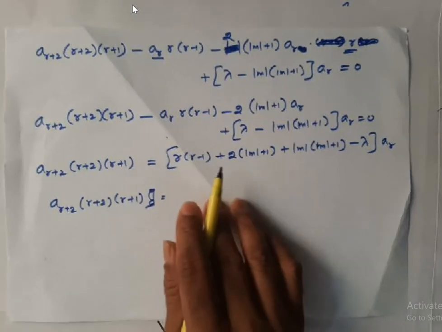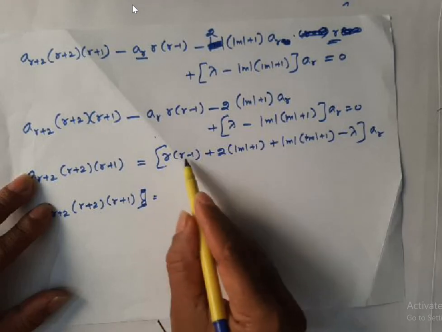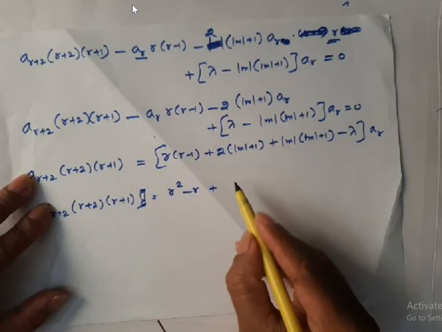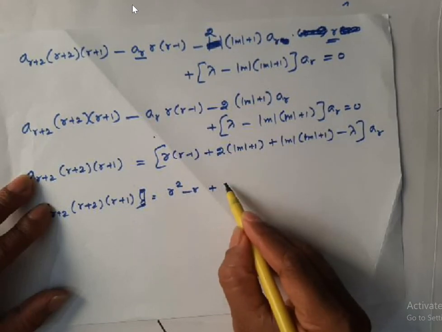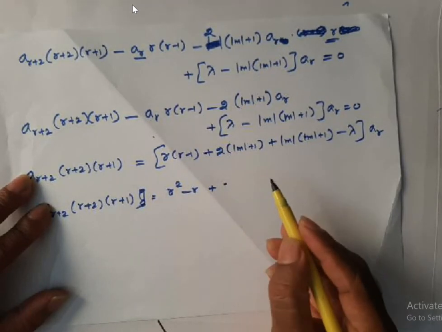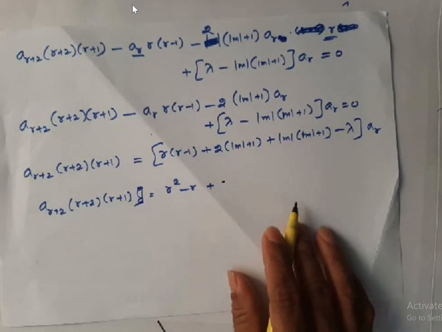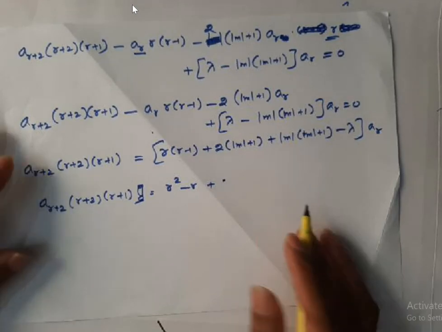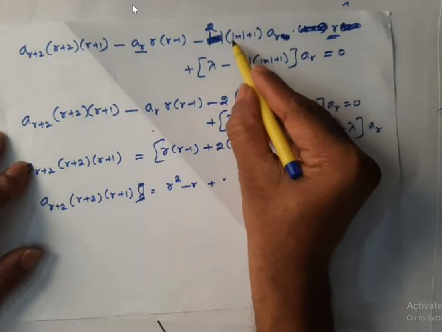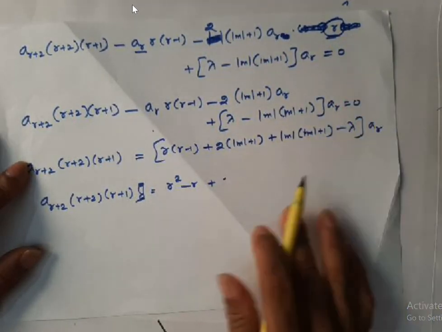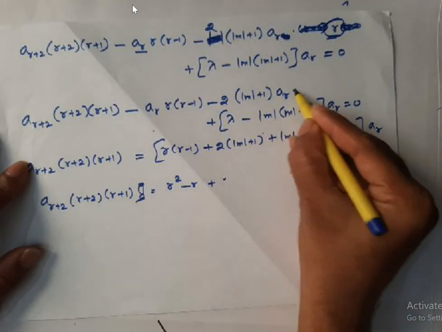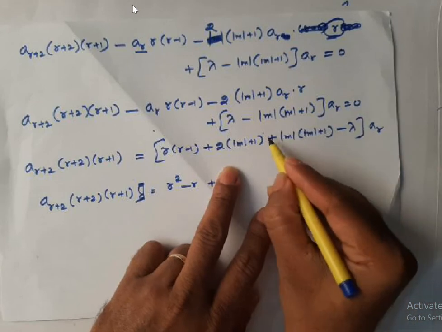If I multiply this, I'll get r square minus r plus 2 into... I'm sorry, I left this r term here, so one r should come here and one r should come here.